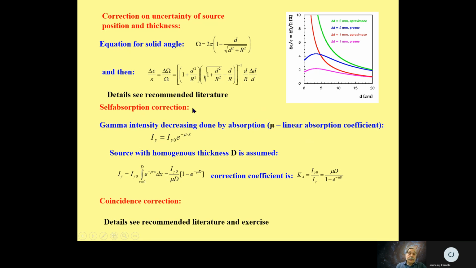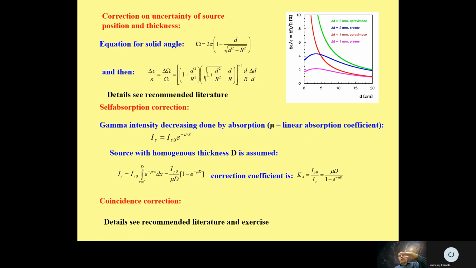The second correction which is also necessary to use is the self-absorption correction. You have a situation, for example, with a thicker foil, where these foils were irradiated, these radionuclides were produced, and you have a homogeneous distribution of these radionuclides inside the foil.